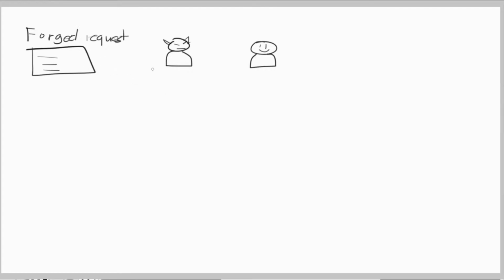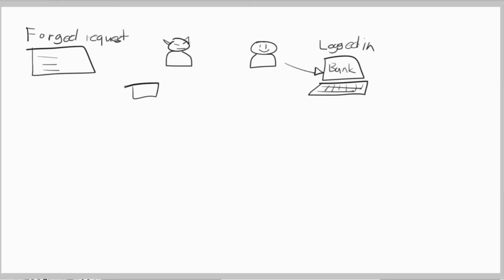Now, in order for this to work, the hacker would need to have the user execute the script while the user is currently logged in to some banking website. This is how social engineering would come into play here. So a hacker would wrap this forged request in the form of, I don't know, a spam email sent to the user.